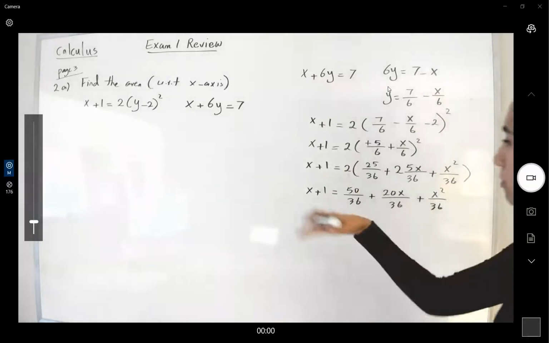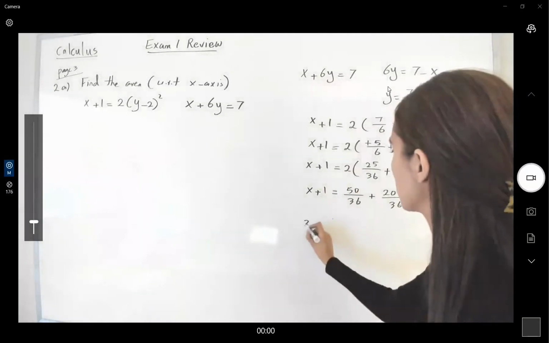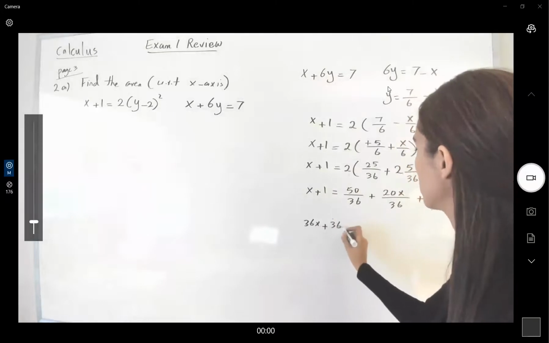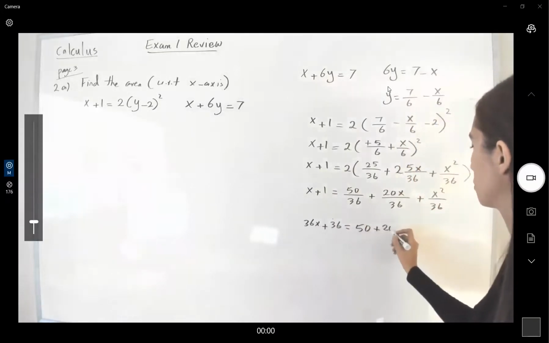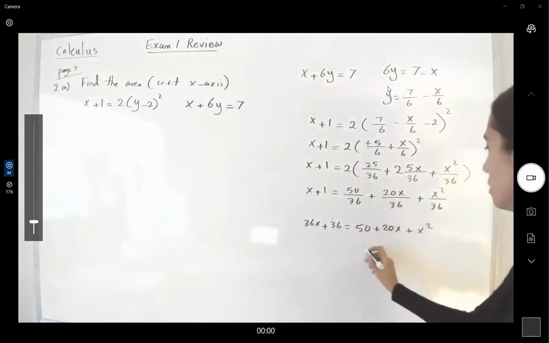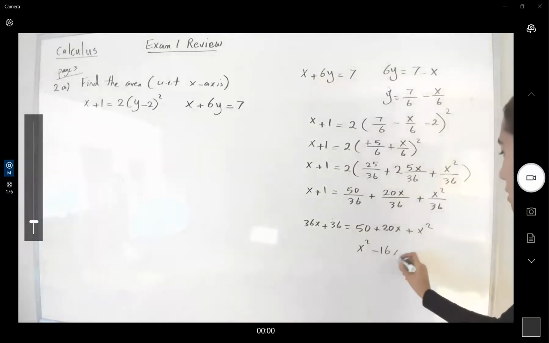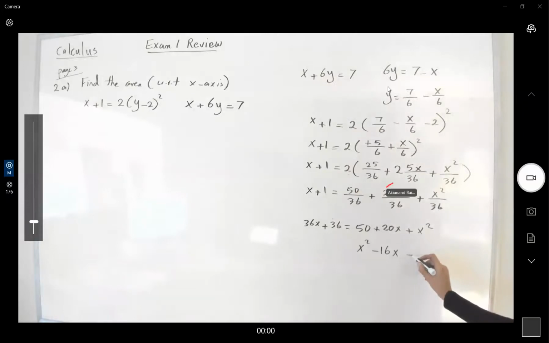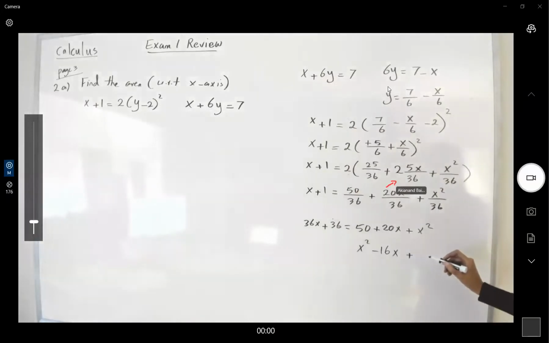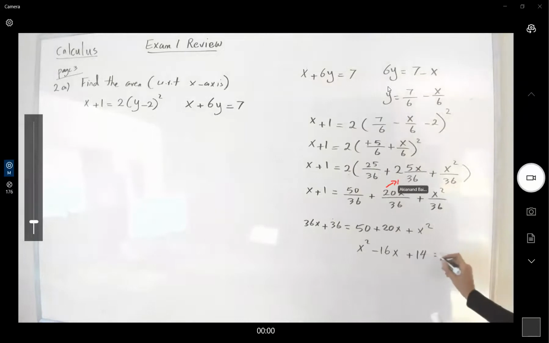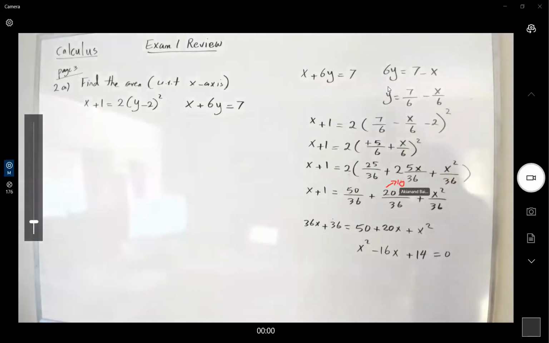I'm going to multiply both sides by 36. 36x plus 36 is equal to 50 plus 20x plus x squared. So x squared, here you have minus 16x, and here you have plus 14 equal to 0.